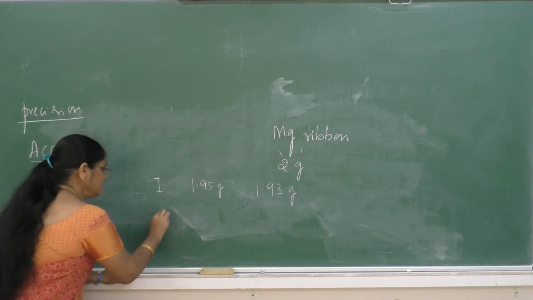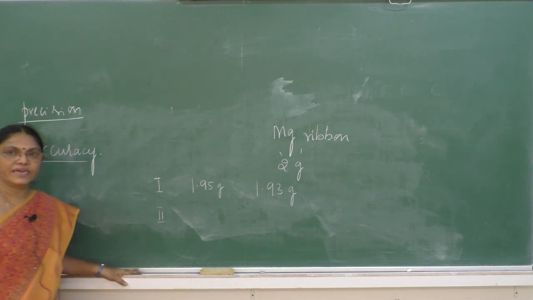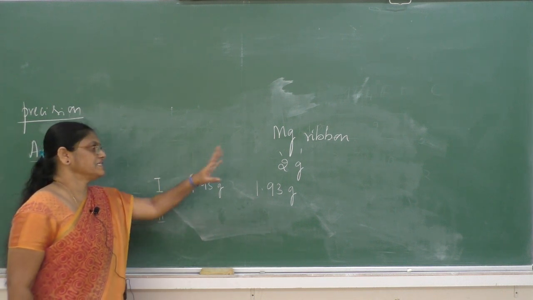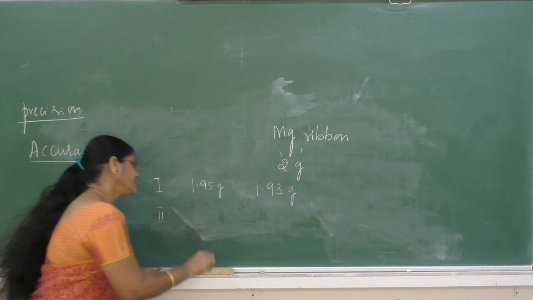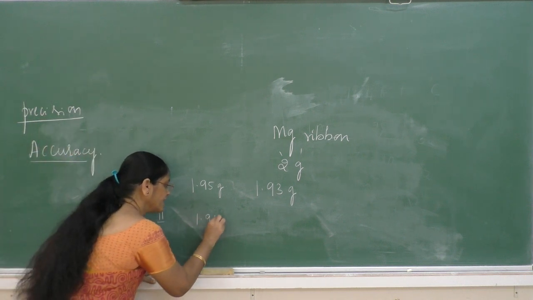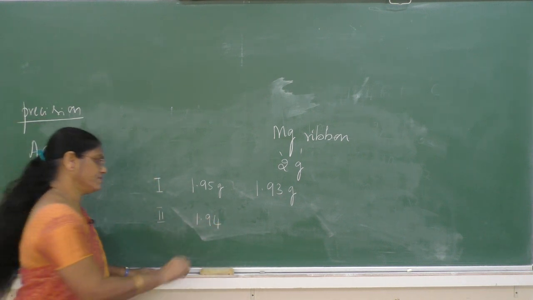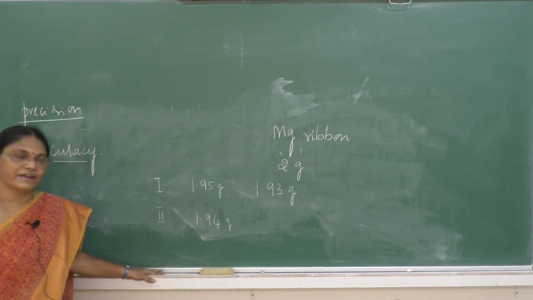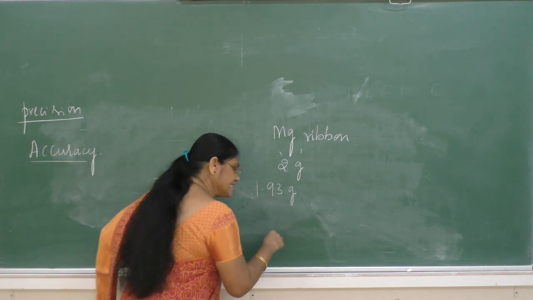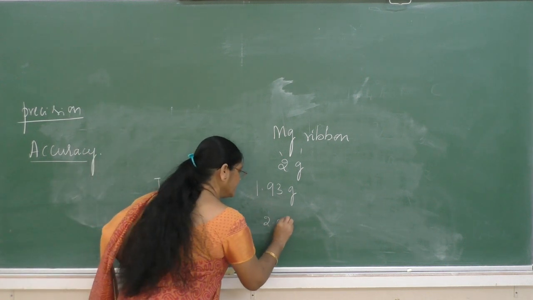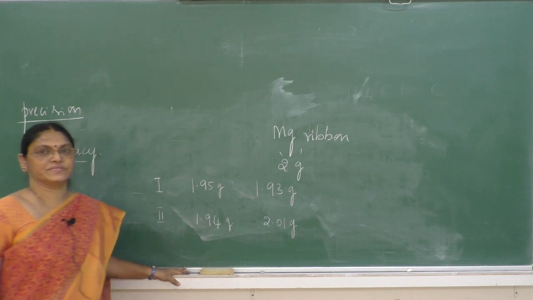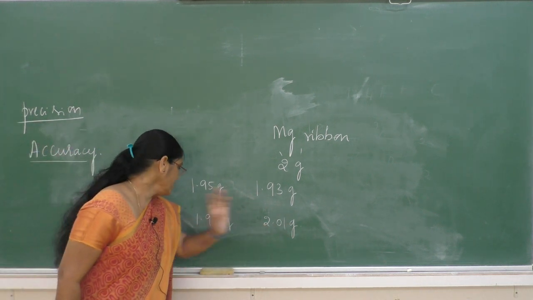Then the second student again measures the mass of the same magnesium ribbon as 1.94 grams, and in the second measurement, he reports 2.01 grams.